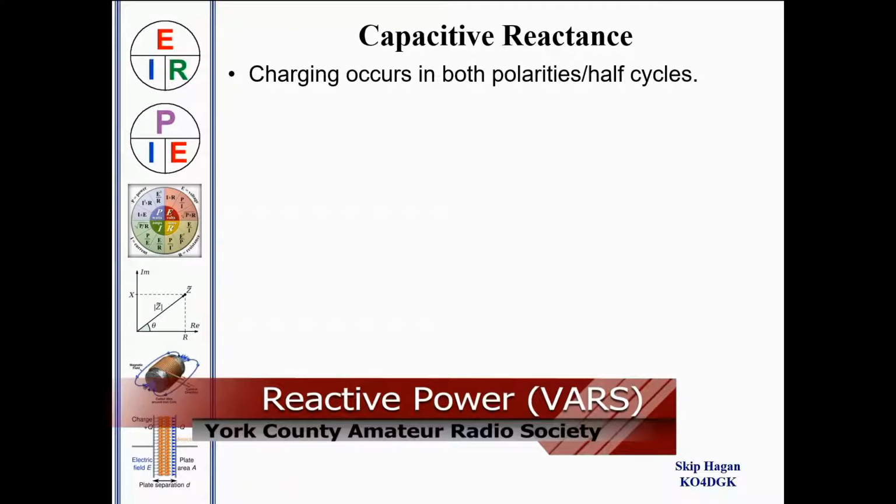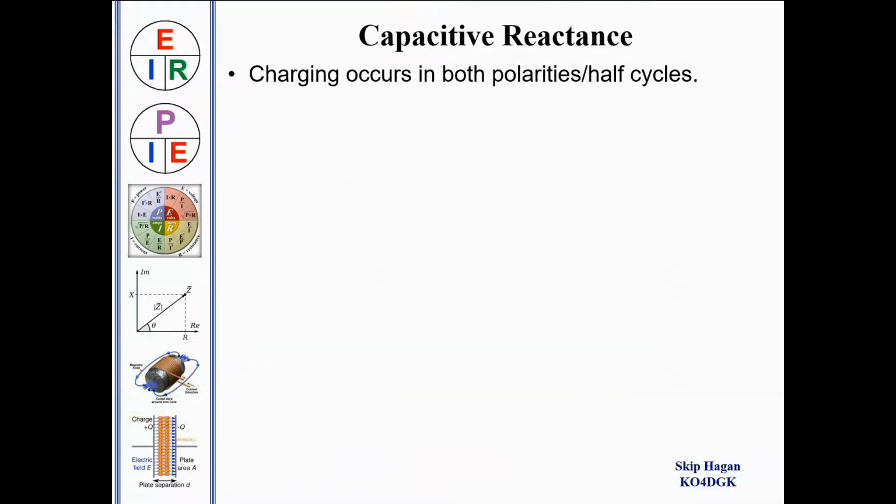As current declines and the capacitor becomes charged, the voltage across the capacitor increases until we have a high voltage across the capacitor with no current flow. When the capacitor voltage hits its peak value, the capacitor is said to be charged.